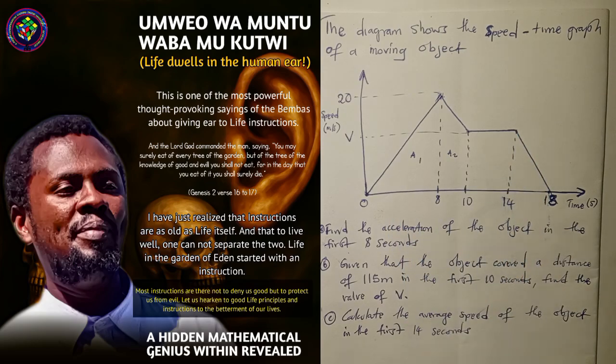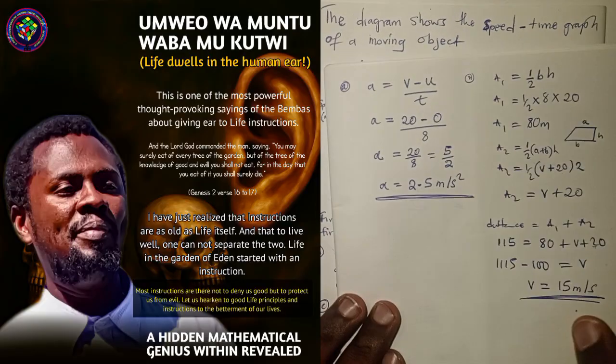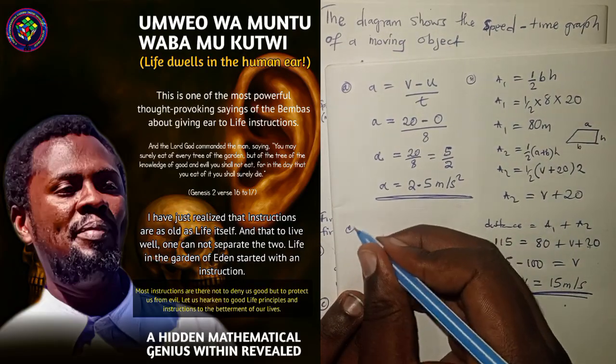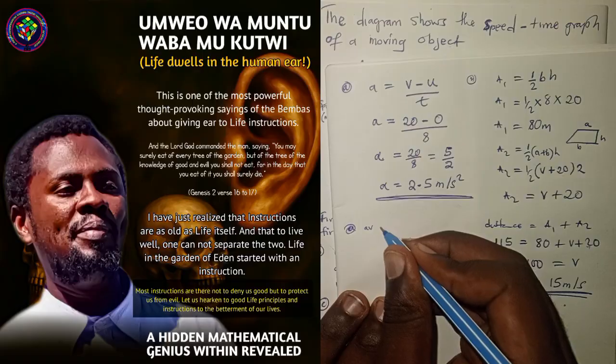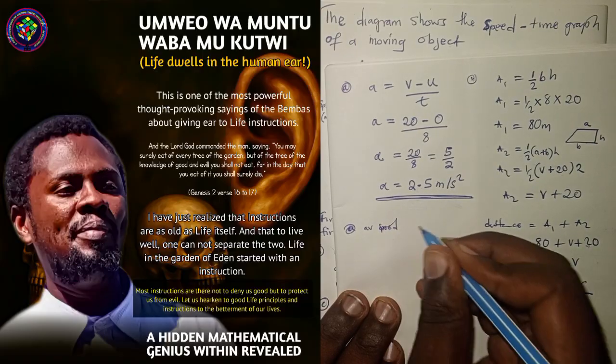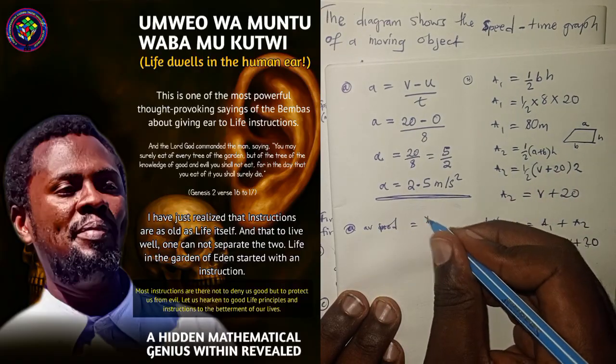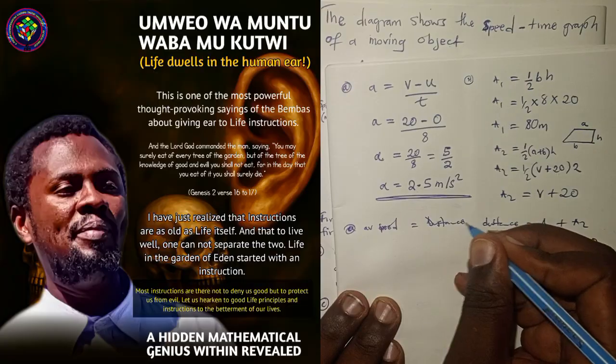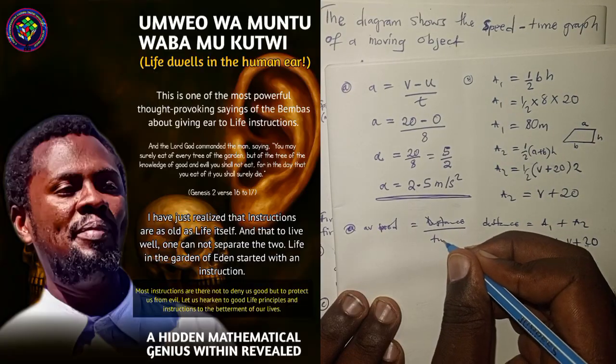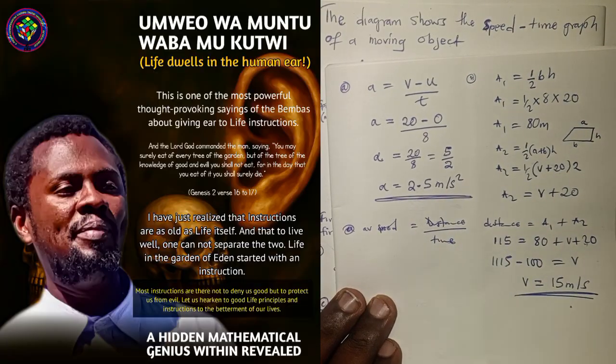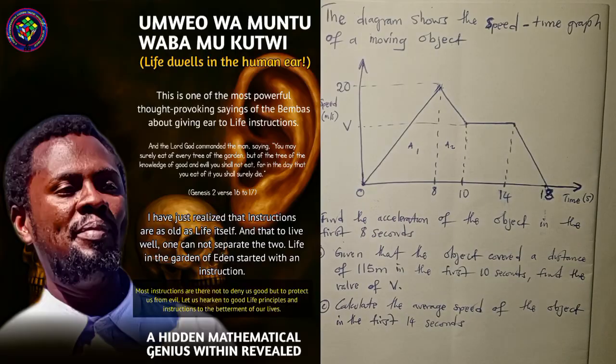Okay, so we know that average speed is equal to distance covered over time taken. So first we need to know the distance covered in the first 14 seconds.